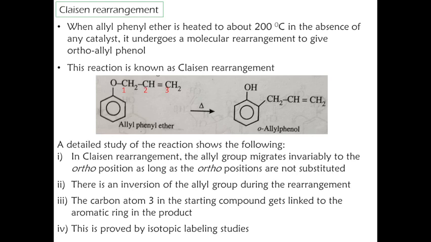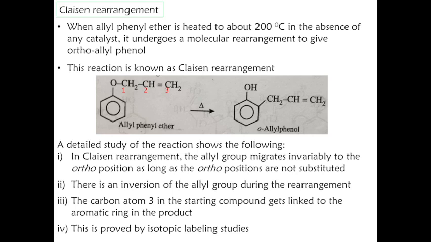We are not using any catalyst or any other reagent for the reaction to take place. Just by heating at 200 degrees centigrade, a rearrangement of the allyl group takes place to the ortho position of the phenyl group. So we are getting the final product as ortho-allyl phenol.